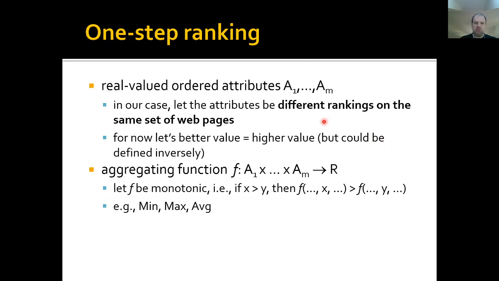Also, we need to unify the meaning of the attributes to be easy to work with all of these attributes, and it's, for example, good to define the attributes so that their higher value means better value. So we are considering the scores the same way for all the attributes, and so we can sort them in the same direction and so on. So let's have this convention that better value is higher value, and the model could be adjusted this way.